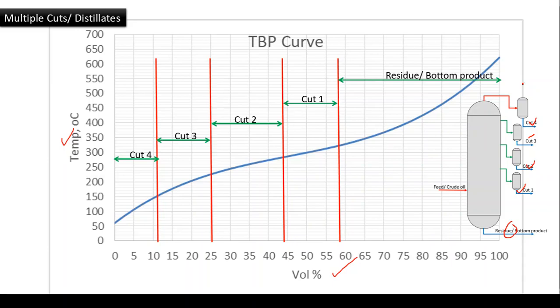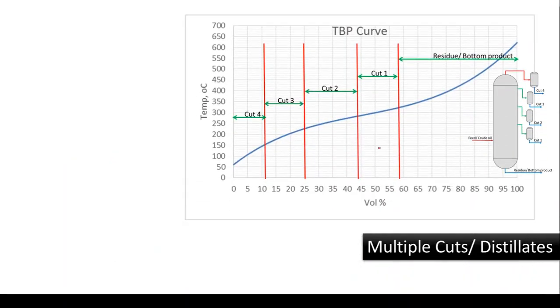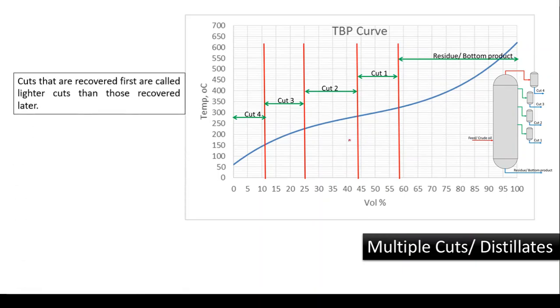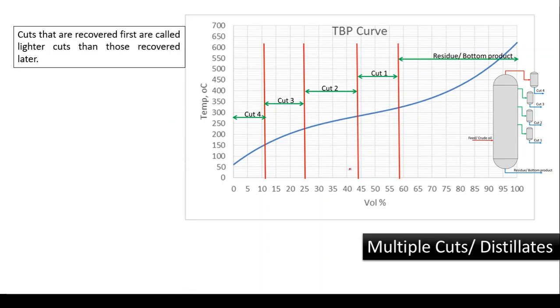Now we'll look at the significance of the temperature corresponding to all these cuts. If you have understood the concept of cut 1, cut 2, or distillate 1, distillate 2, and so on, the next important thing is the temperature relations and the lighter cut and heavier cut concepts.